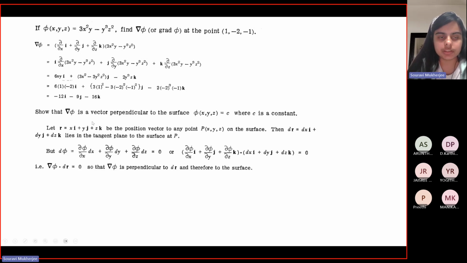Suppose you are asked to show that grad phi is a vector perpendicular to the surface where phi is equal to some constant.